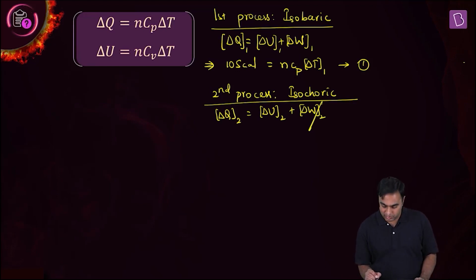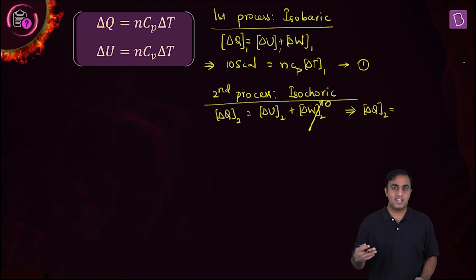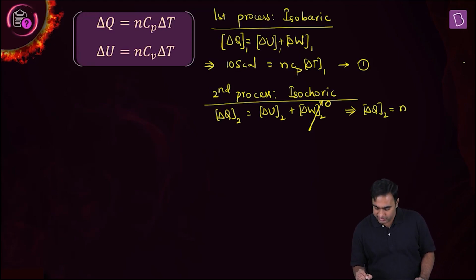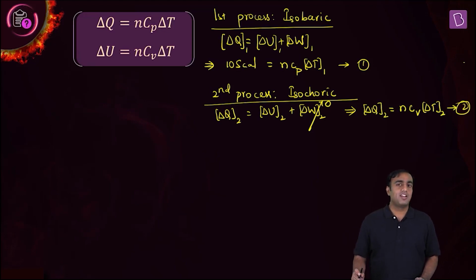So this goes 0. And we get delta Q2, which is the heat added to the system, equals delta U2, which is nCv delta T2.